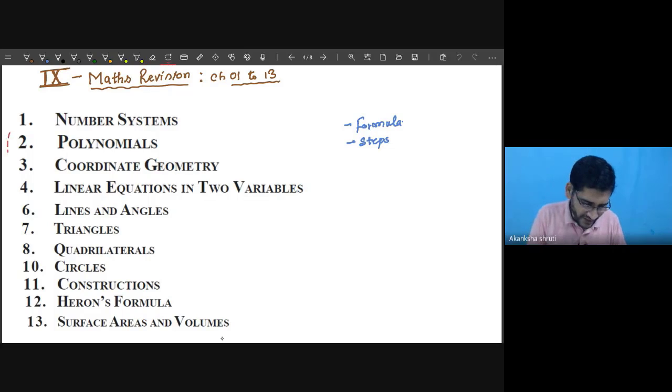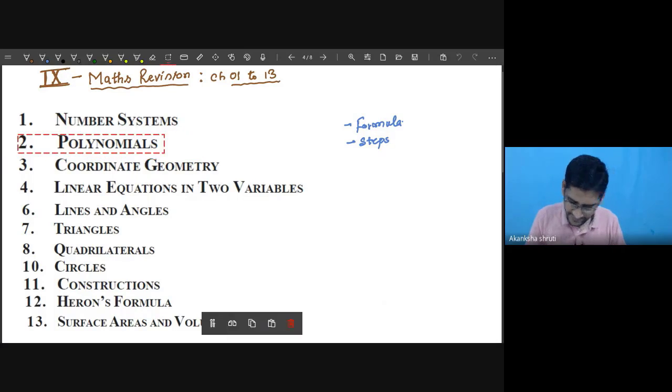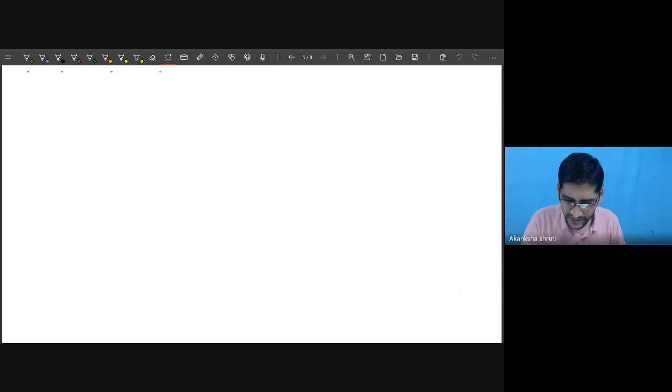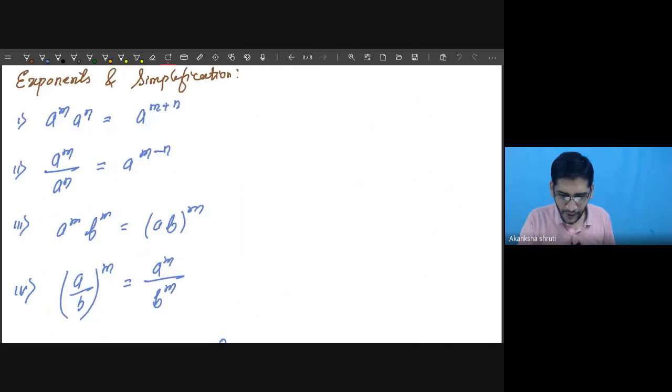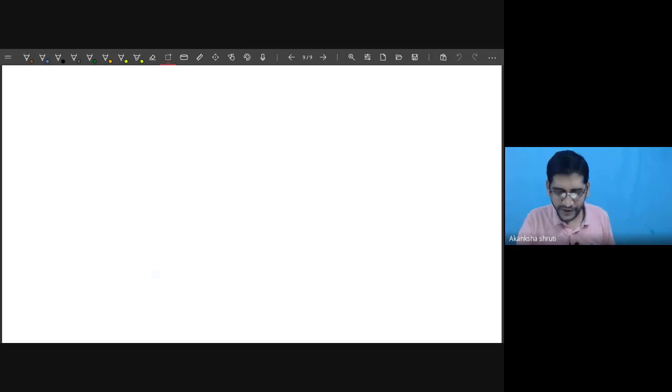So students, regarding polynomials, the very first concept is the definition of a polynomial. The definition of a polynomial itself is very important.